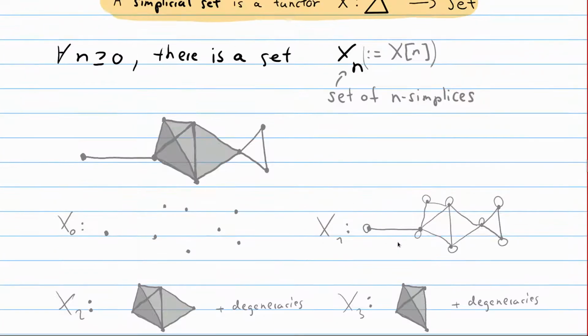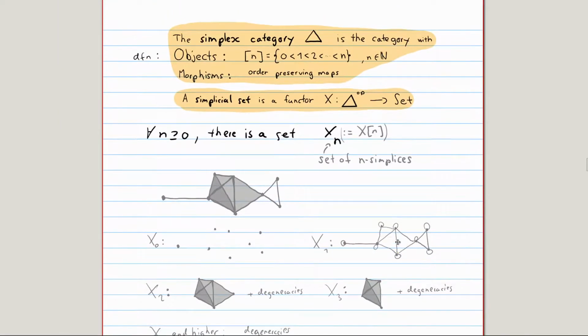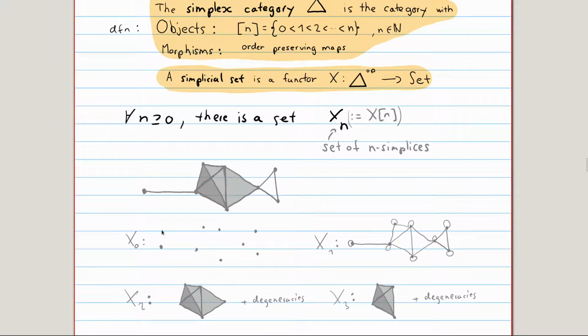Here I wrote down the first couple of X_n's. For X_0, we first got the vertices, and in X_1 we got all the lines that come from our simplex. But note also that we need to have these degenerate lines.